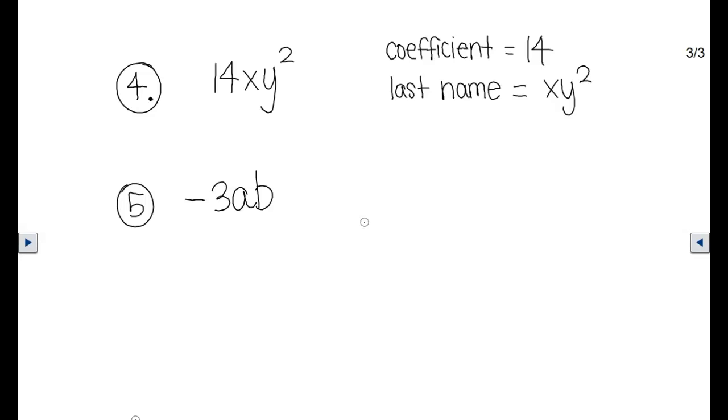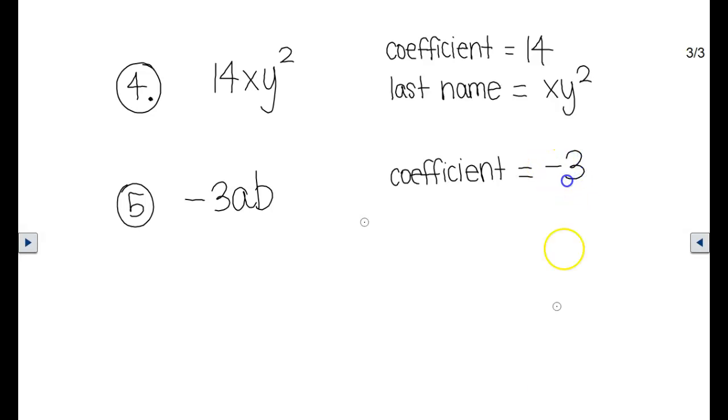All right, take a look at this term. In this term, we have a number part times a variable part. So when you look at this term, what do you think his coefficient is? What do you think his number part is?